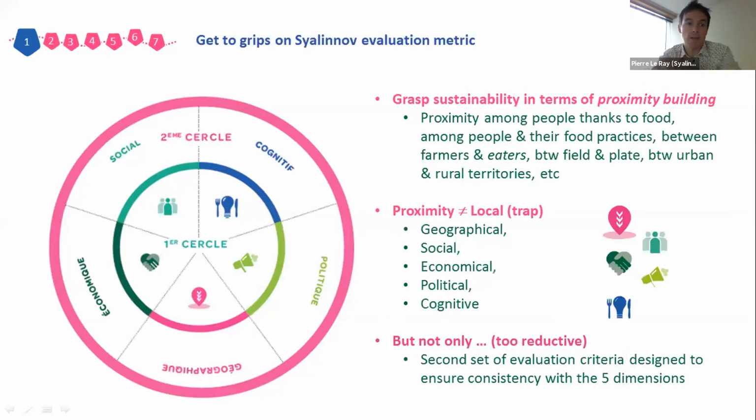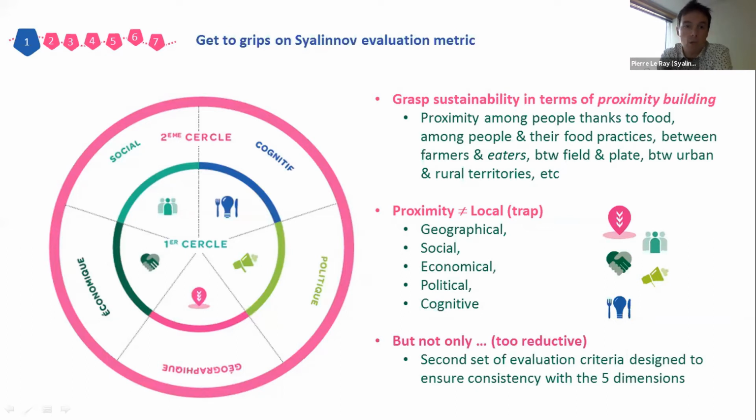So first, the first steps consist in getting familiar with the Syalinnov evaluation grid. What we propose is to grasp sustainability in terms of proximity, because it was a mobilizing concept for all the actors.